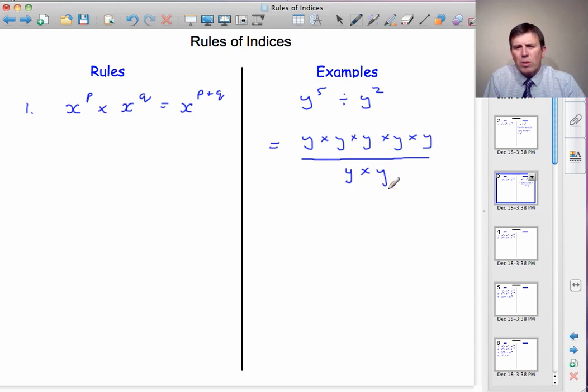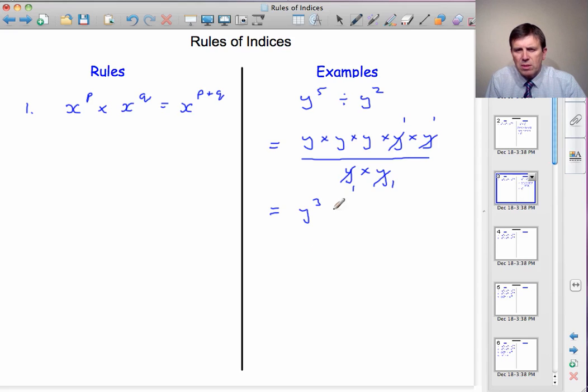Now what I can do now is start cancelling the y's. I can cancel that y with that y, replace them with 2 1's. I can cancel that y with that y and replace those with 2 1's. But I've now run out of y's on the bottom to cancel, and what I've got on the top of the fraction, I've got y times y times y, which is y cubed, and on the bottom I've just got 1 times 1. So y cubed divided by 1 is just y cubed.